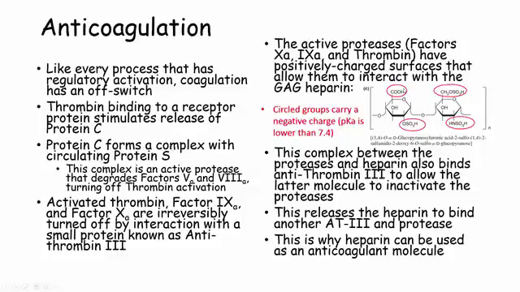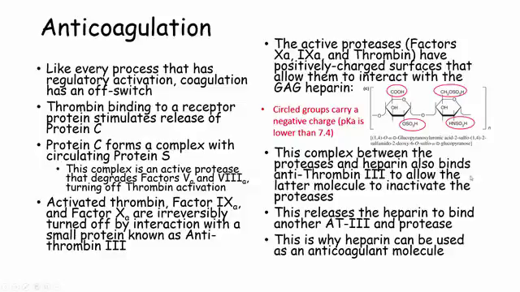The thing to notice is here we have a carboxylic acid, which at physiological pH is going to be negatively charged. We have a sulfate, another sulfate, yet another sulfate. So this glycosaminoglycan has 50 odd sugar units with 2 negative charges each. In other words, it's massively negatively charged. And the positively charged surfaces of these active proteases cause them to bind to the heparin.